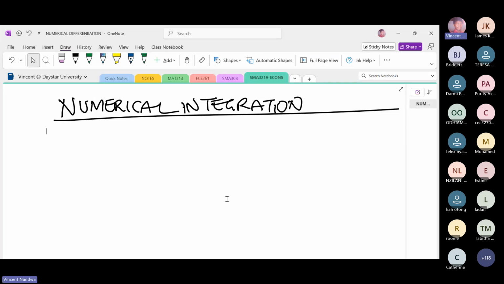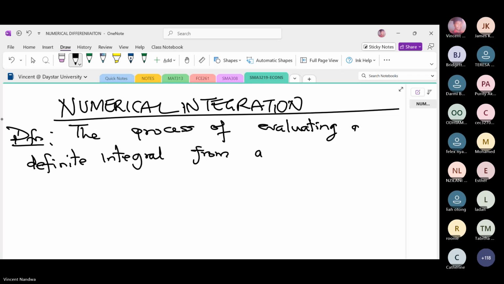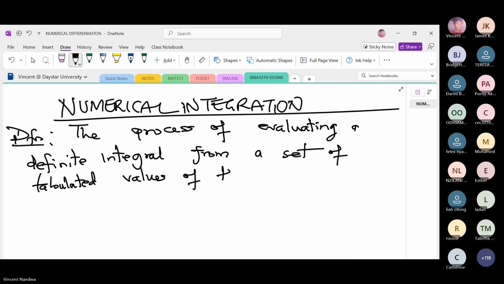So numerical integration is the process of evaluating a definite integral from a set of tabulated values of the integrand.